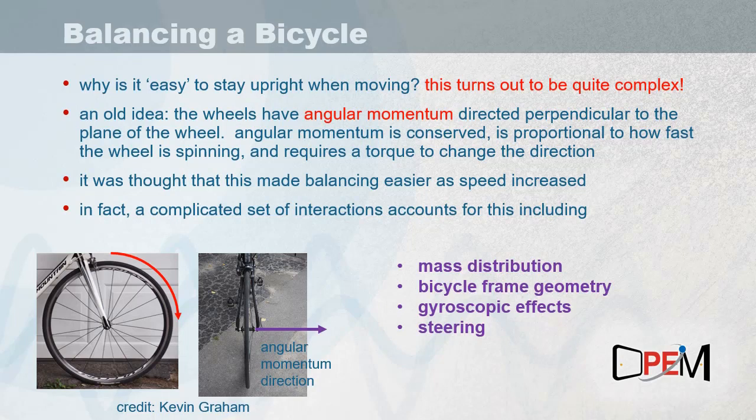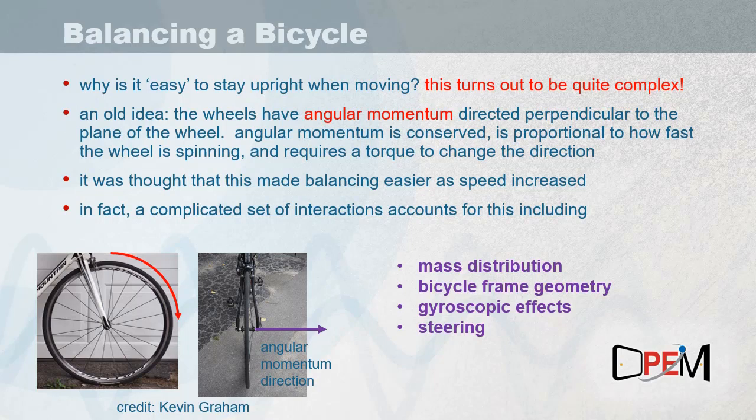And so an old idea was that it's easy to ride a bicycle when it's moving, but hard when it's stationary, because the angular momentum in the wheels resists falling over, since you require a torque to change the direction of the angular momentum, which points out from the plane of the wheel.